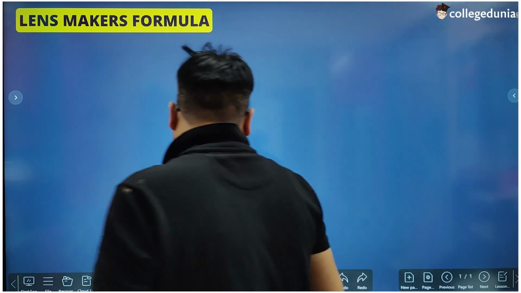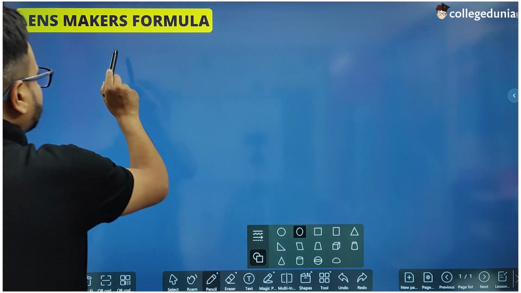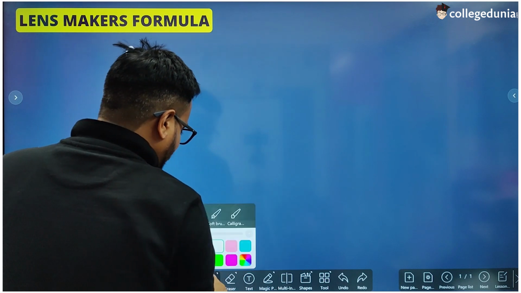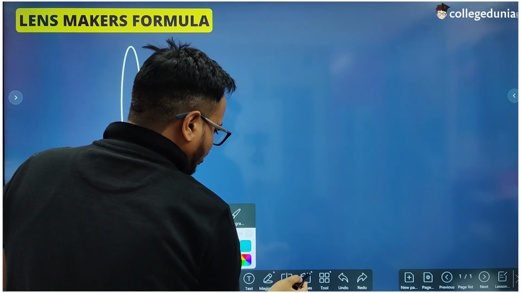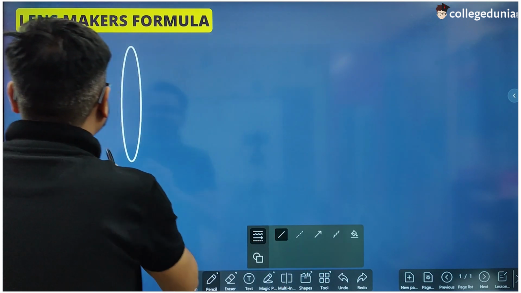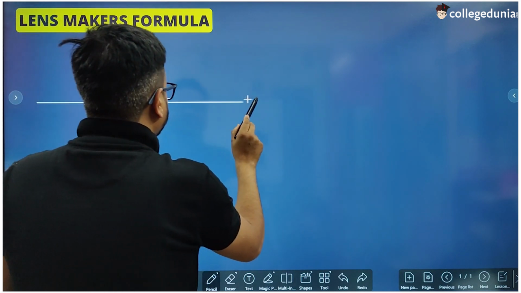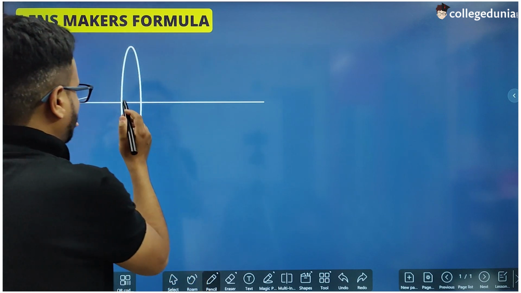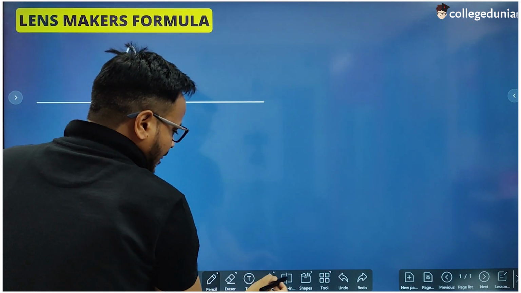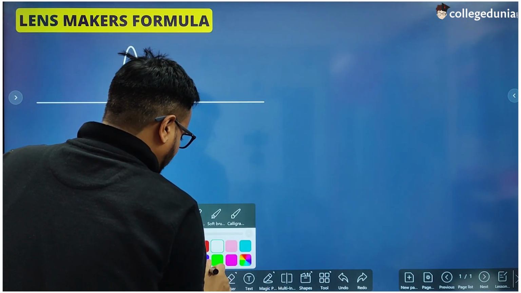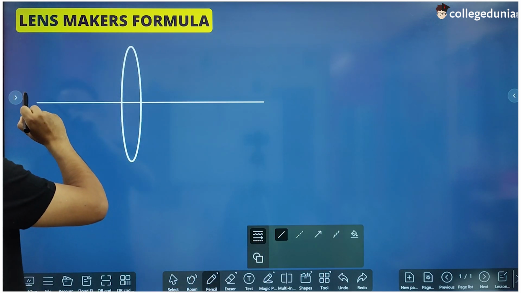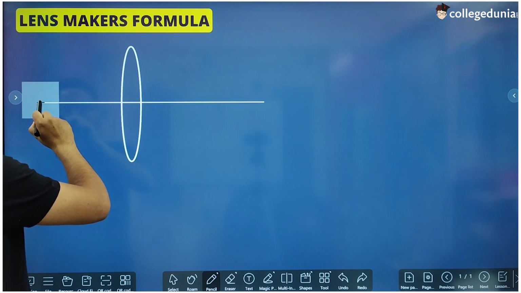So let's start. Let us say this is a lens, right? This is a convex lens. This formula can be derived for convex lens or for concave lens. So we will derive this formula for convex lens. So this is a convex lens, and suppose an object is kept in front of this lens at this point O, right?